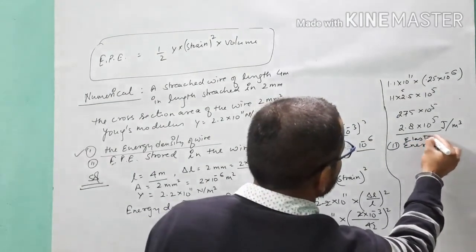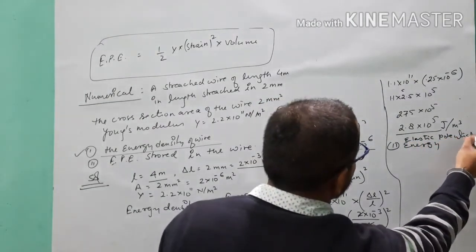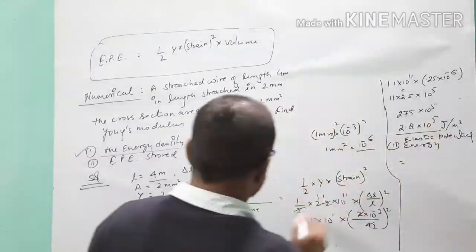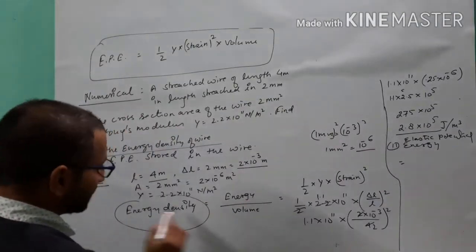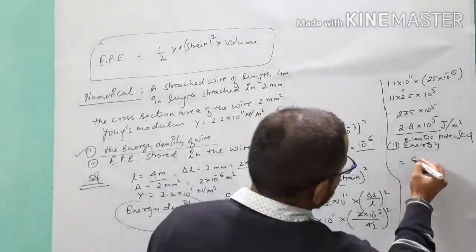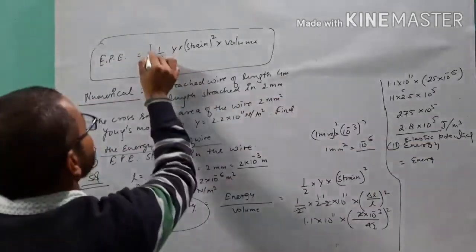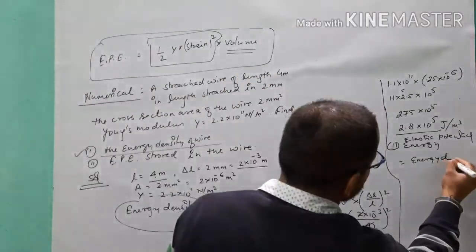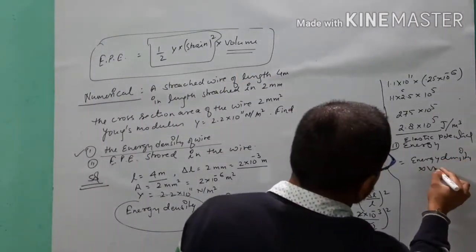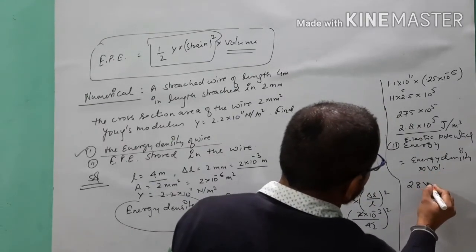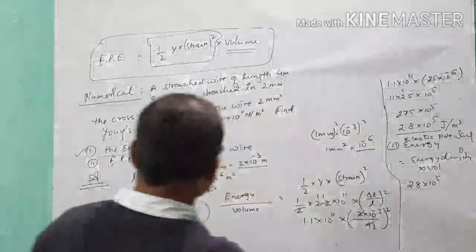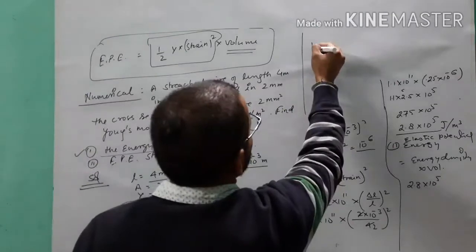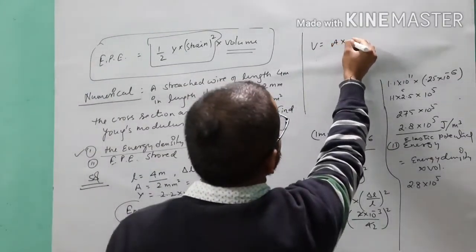And after that, he asked about energy, means elastic potential energy. It is equal to, see here, the value of energy density into volume. So energy density 2.8 into 10 raised to the power 5, and the volume V is equal to area of cross section into length.